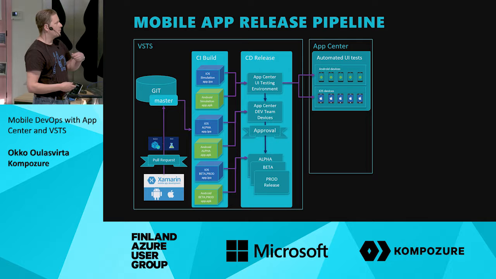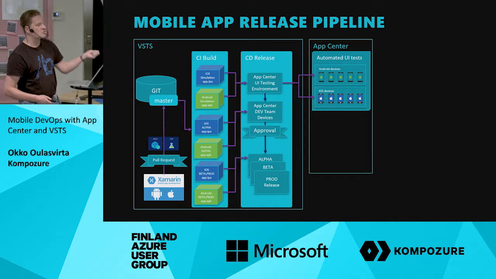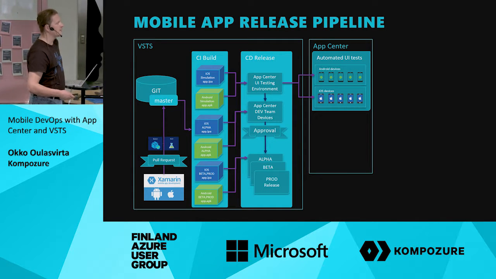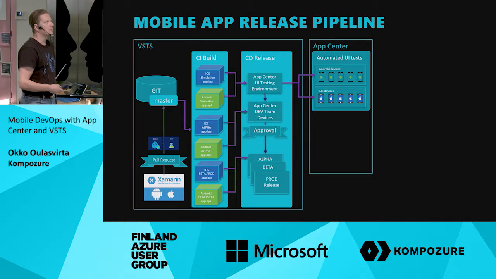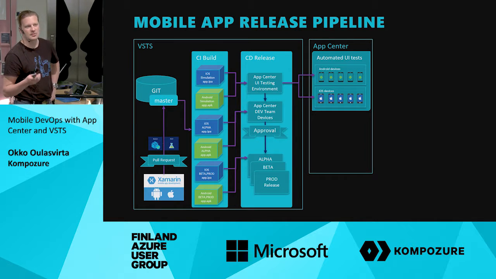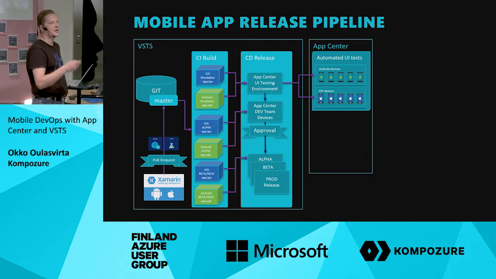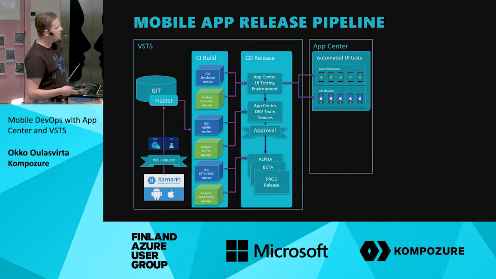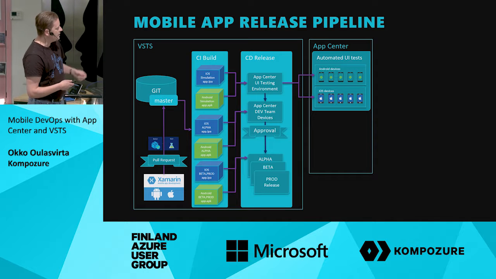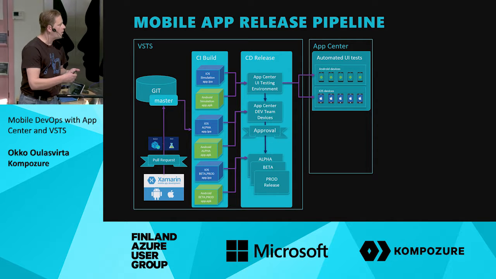At least when you start and you make a Visual Studio UI test project, it already creates this simple app-launches test. So it makes sure that your application can be installed and it actually opens on each device.